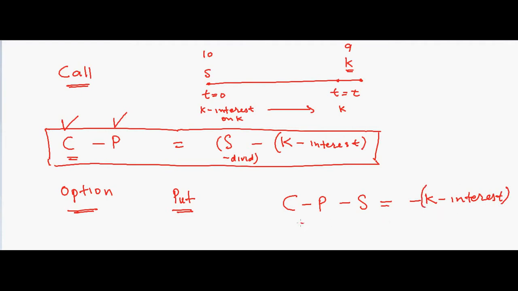So we can also use this relationship to lend money, so we can get interest from combining the call, put, and the stock in certain investments. So I hope this makes some sense, and I'll see you again in the next tutorial. Thank you.